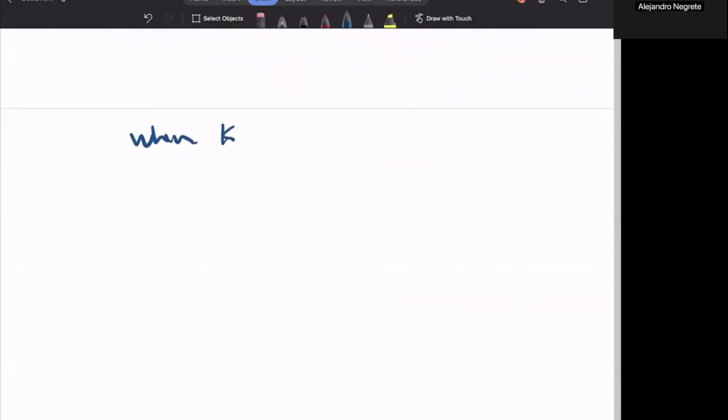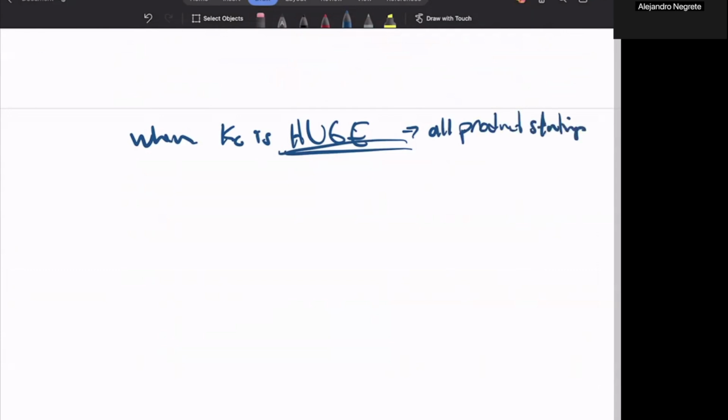When K sub C is huge, we need to do something called the all product starting point. This reaction is so favorable that almost all of the reactant is gone. Nearly all the reactant is used up, and we make almost all of the product. So we just kind of have to think about this a different way.